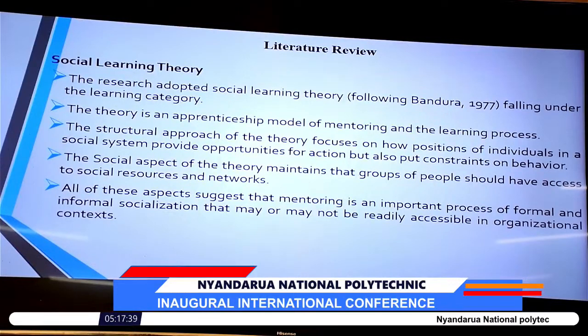On the structural part of that theory, individuals in society with different positions can have an influence on those below them. On the social aspect, people should have access to resources and also networks.